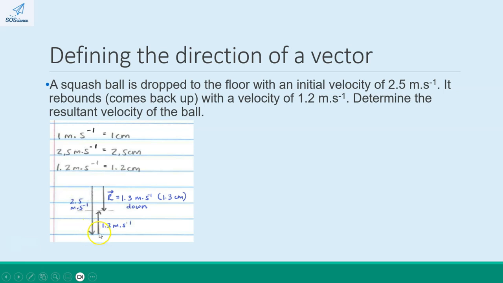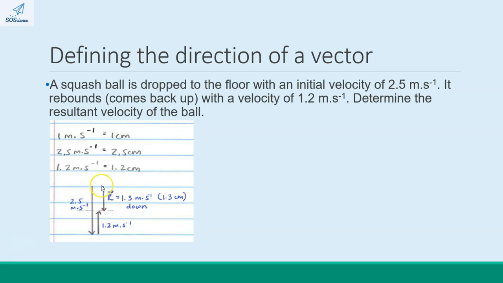Again, the reason I don't overlay them is for clarity purposes, so that the person marking your vector diagram sees exactly what you're doing. So using the head-to-tail method, I have a 2.5 centimeter line. I then have a 1.2 centimeter line that represents my 1.2 meters per second.